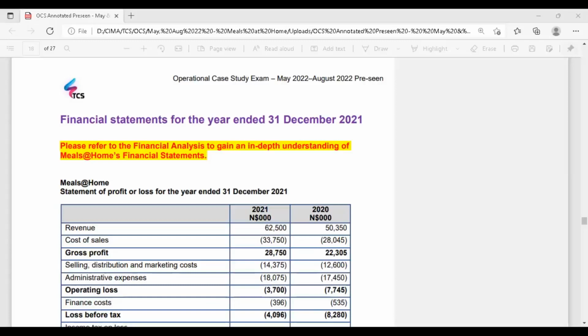Please go through that blog post, because it gives you comprehensive information about how to come up with a study plan and how to utilize your 6 weeks of time until the exam. As you know, there are 6 weeks between the pre-scene release and the examination, and you need to come up with a smart plan to fully utilize your limited time. So I would recommend you read the blog post which I shared, and check out the other blog posts I've prepared as well.